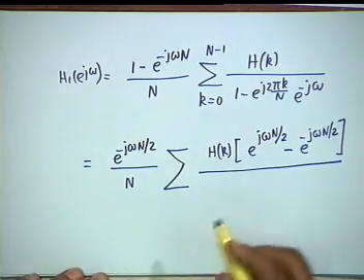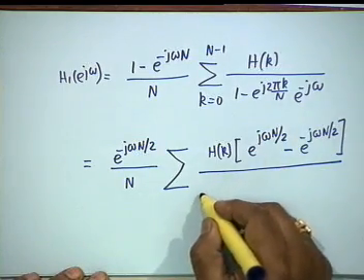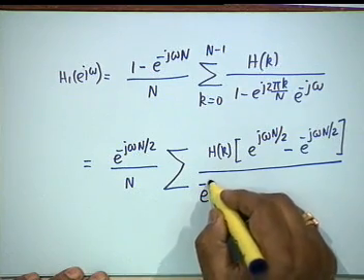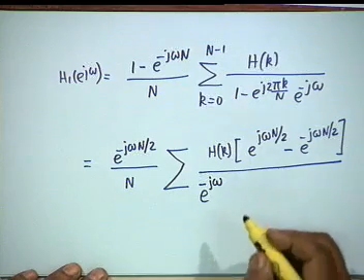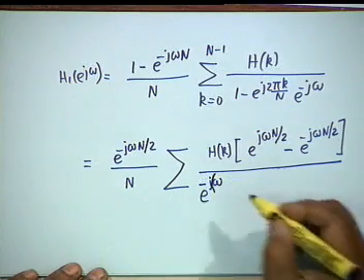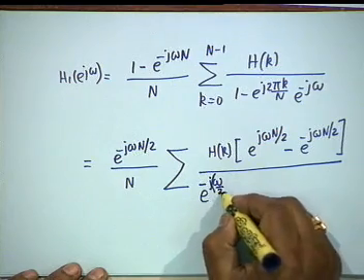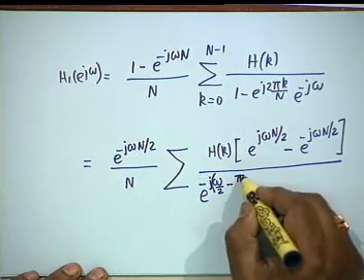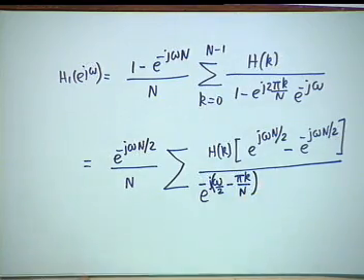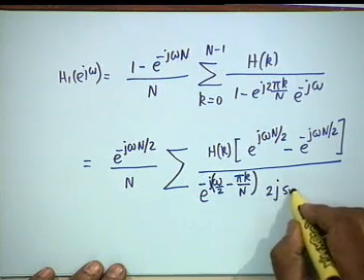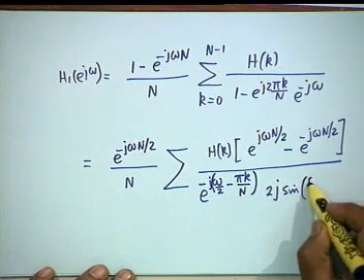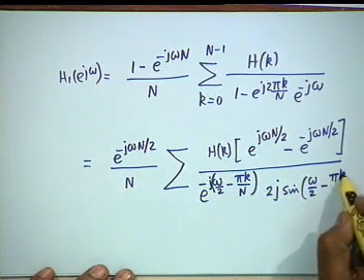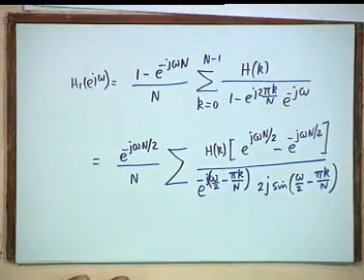minus e to the minus j omega N by 2 divided by, from this I take e to the minus j omega by 2 minus pi k by N, so that I can bring a sine term and you see this will be twice j sine of omega by 2 minus pi k by N. Is it clear?